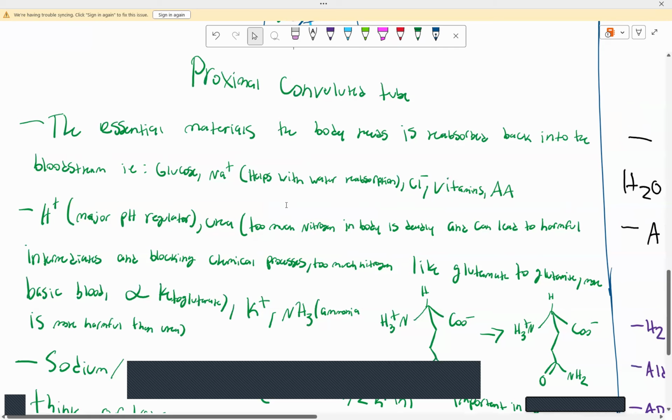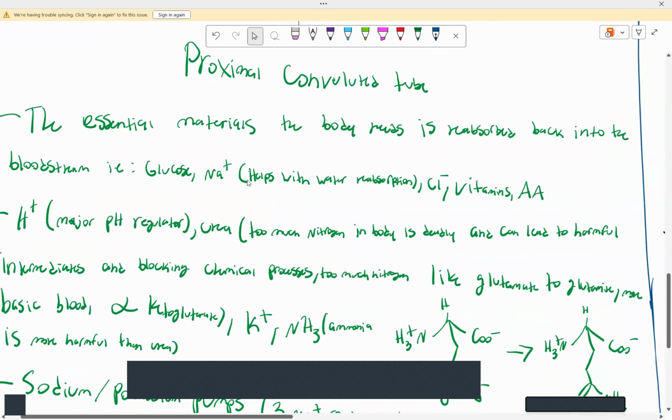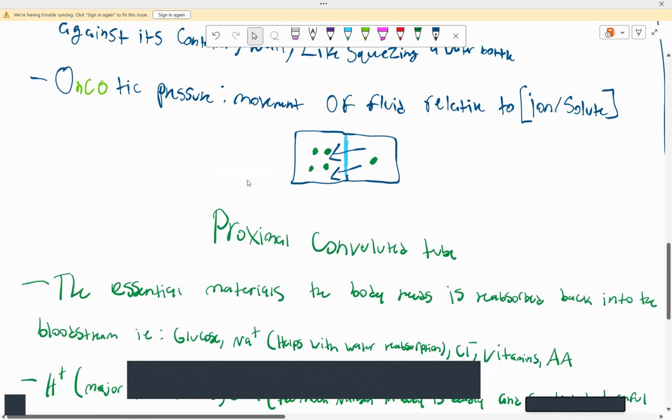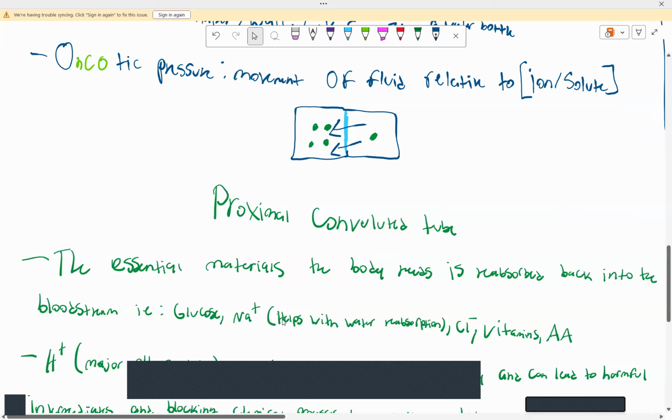And then there's some other stuff too. Sodium is also reabsorbed. And as I was saying with the oncotic forces, water also gets reabsorbed because it's following that sodium ion concentration. Chlorine can also be reabsorbed, just because it's less concentrated outside.